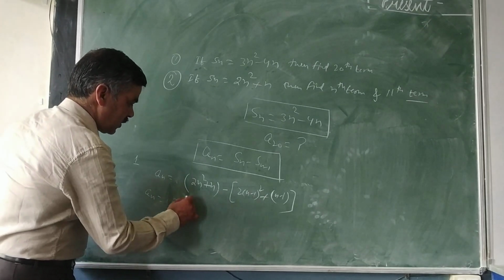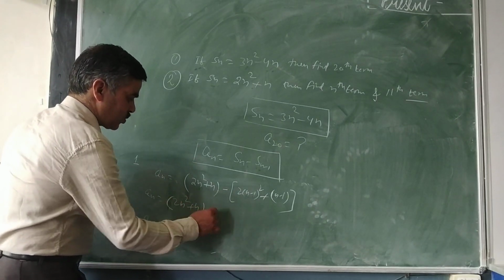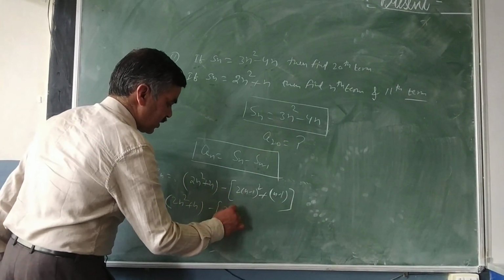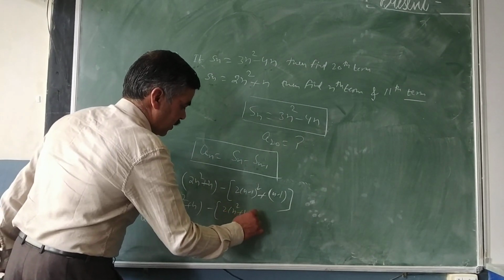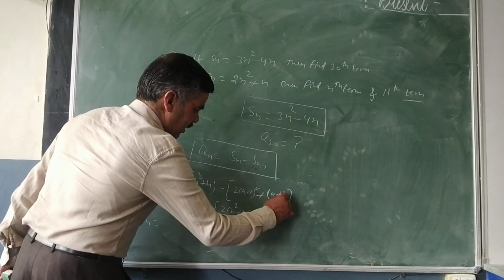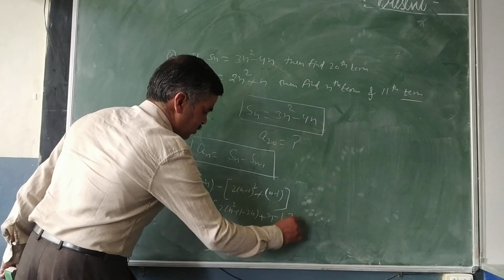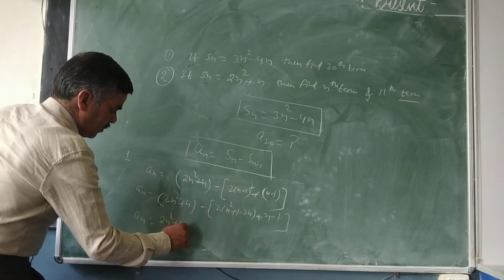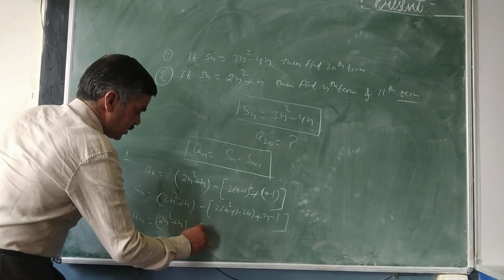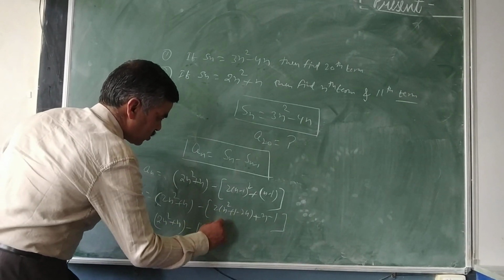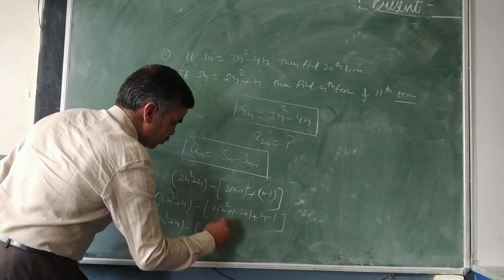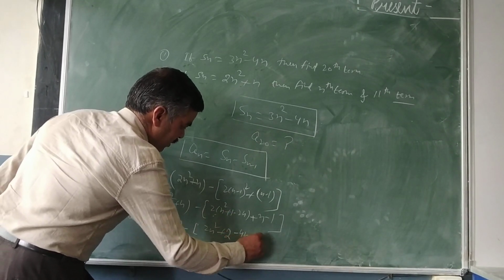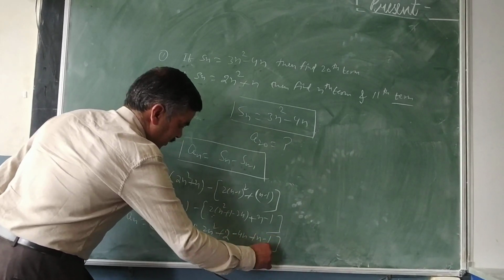So now solve it. 2n square minus, here it is again a square plus b square minus 2ab, and directly I can write plus n minus 1. So here it is 2n square plus n minus, here it is 2n square plus 2 minus 4n plus n minus 1.